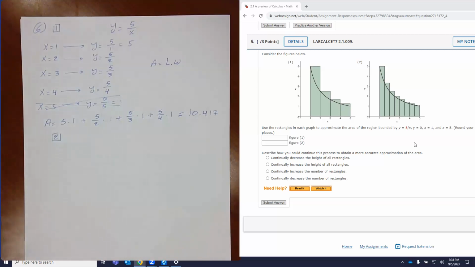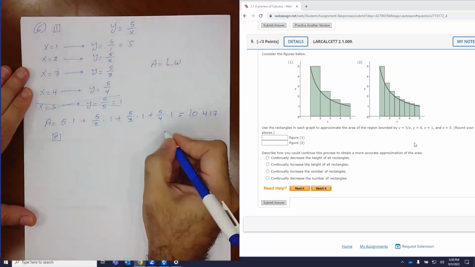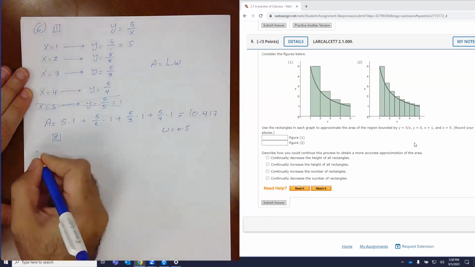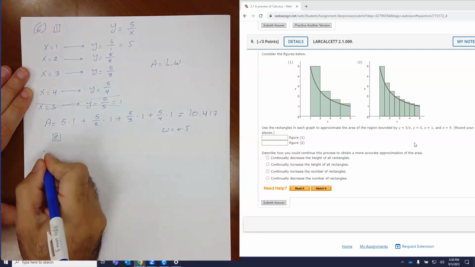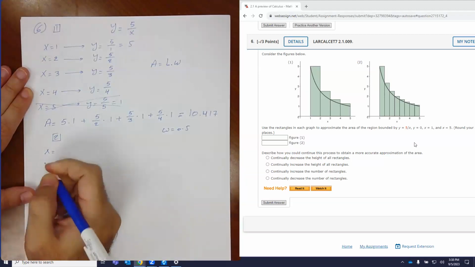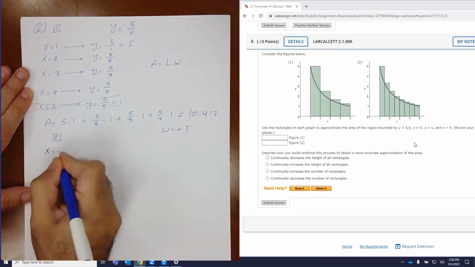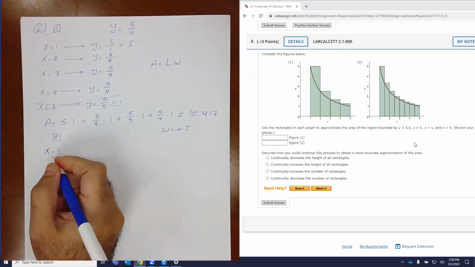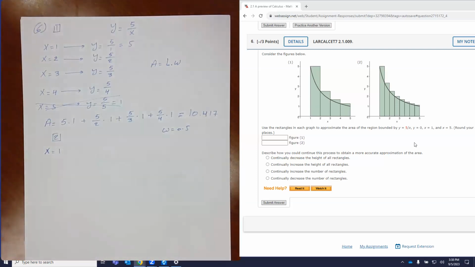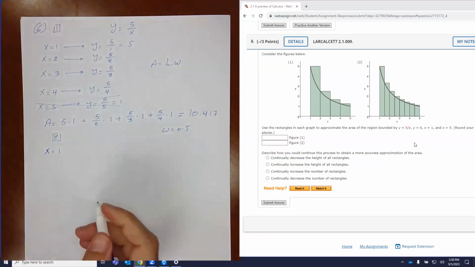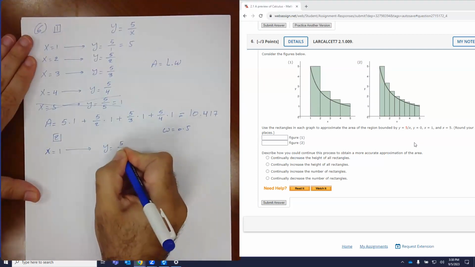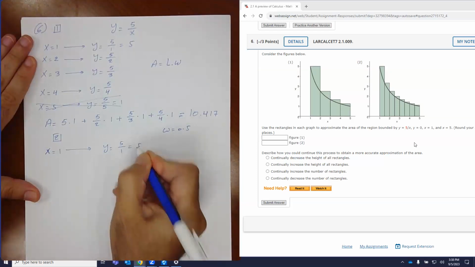So keep in your mind, the width is going to be 0.5. We're going to use the same formula, y equals 5 over x. So now when x equals 1, y equals 5 divided by 1, which is 5.